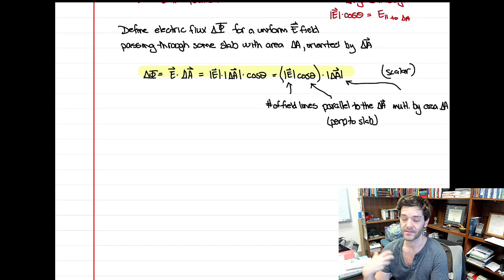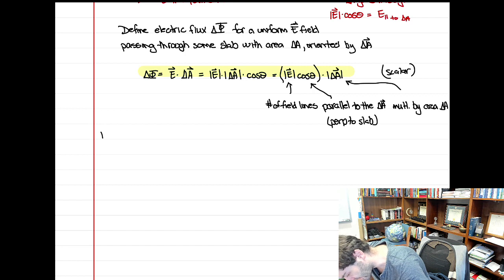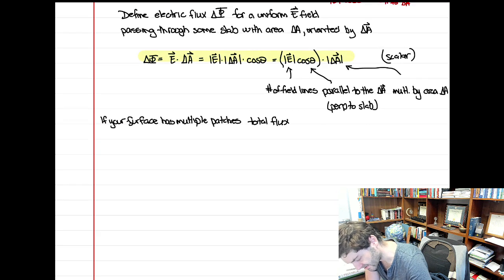Let's build up in sophistication to a more general definition. So if your surface has multiple patches, then you can define the total flux as you just sum over the patches.